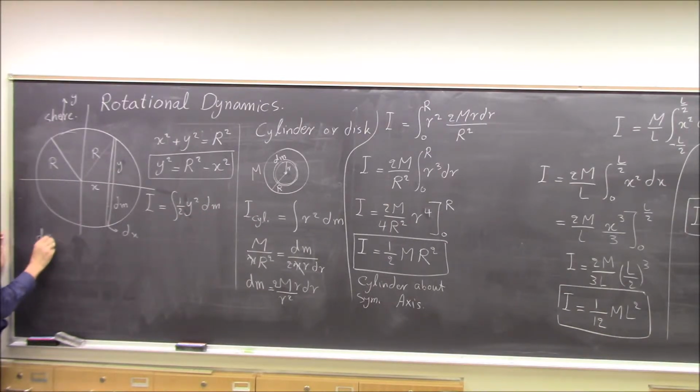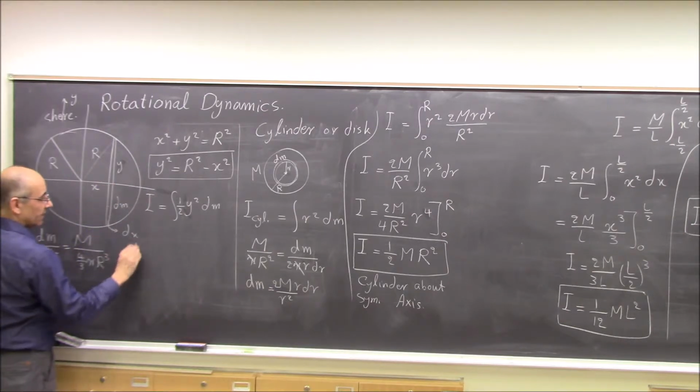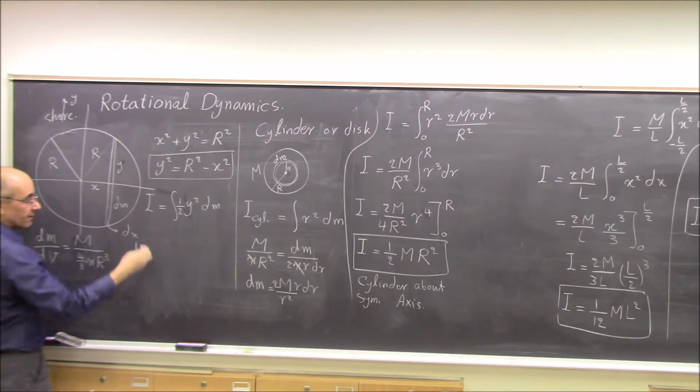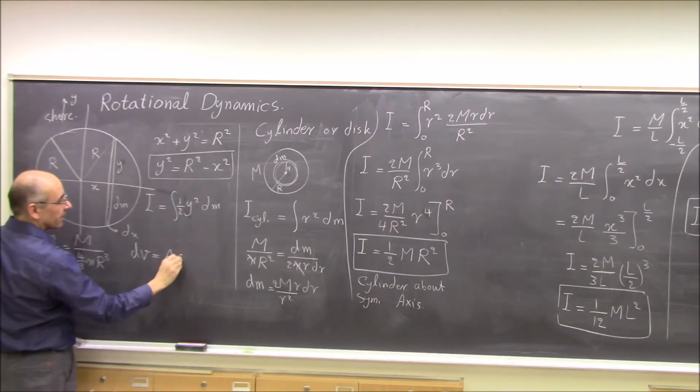dm over dV is the same as total mass over total volume, which is 4/3 pi R cubed. The same proportion of the volume, it has mass. So what is dV for this one? If it has a thickness dx, what is the volume? So dV, the volume of this disk, is the thickness times the area, which means the area times dx.